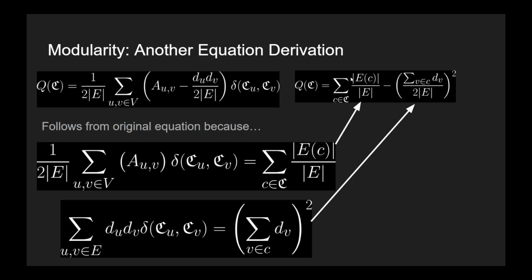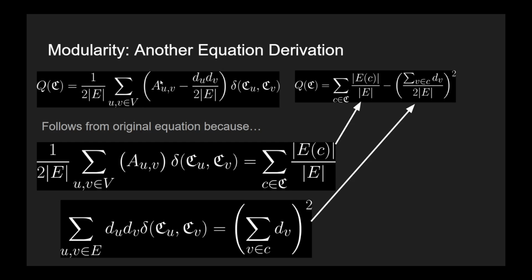So take this first term here. We're looking at the number of edges in the community. That's equivalent to the first term in the original equation. Now remember, because these are summations, we can split up these two different terms into individual summations.